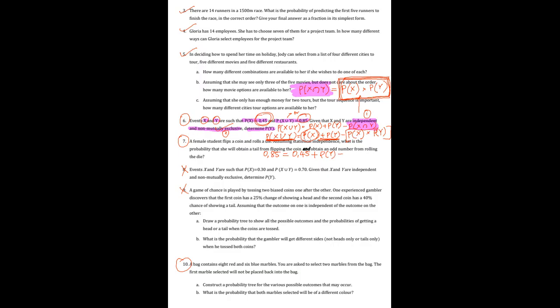And then it's minus, and you have within brackets here the probability of X, which again is the 0.45. So keep the brackets, 0.45 times the probability of Y. We don't know the probability of Y, and we'll just leave that as is.